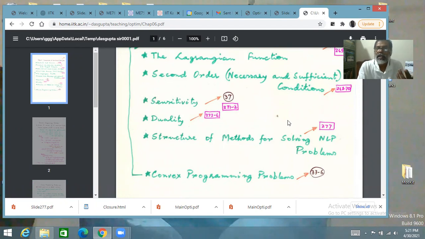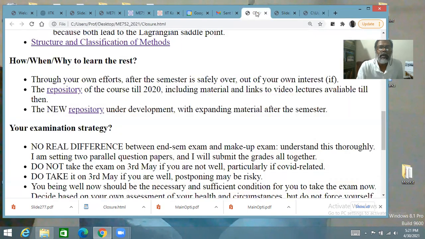Okay, the rectangular slide numbers with different color refer to the applied mathematics slides. Okay, so this is the assembly which is difficult in an online delivery. Okay, so now, this is the repository till 2020, last year.